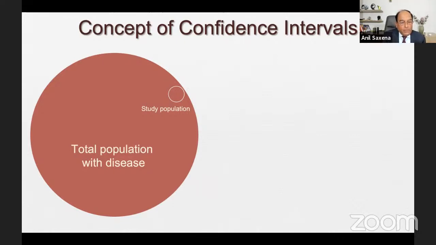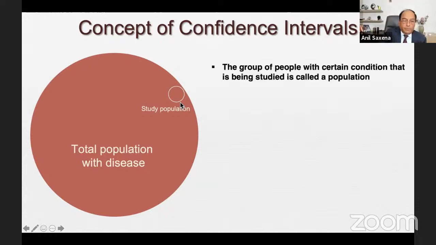But globally, there will be lakhs and lakhs and millions of patients with the same disease. So that total global population is called the population of that particular entity that we are trying to study. Of that, we take a very small sample that is called the study population.